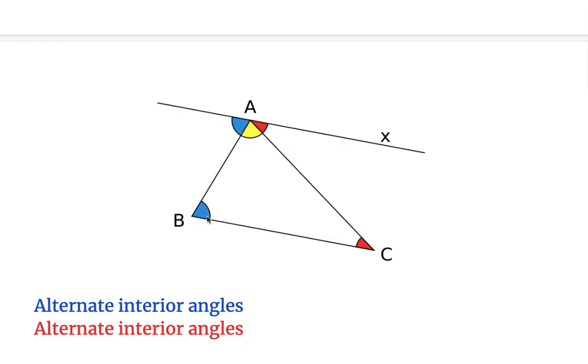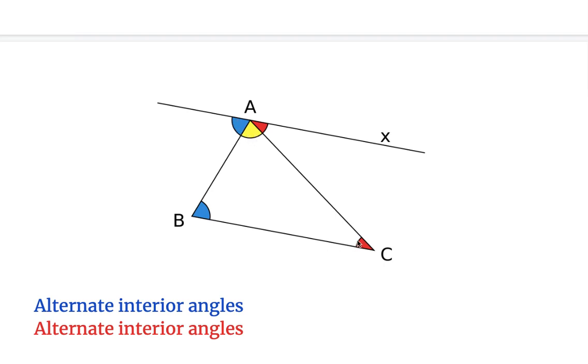So it's like I'm taking angle B and moving it over here to this other blue as an alternate interior angle. It's like I rotated it and translated it up. So in that way, we're moving angle B, the blue, up here to join angle A, the yellow.